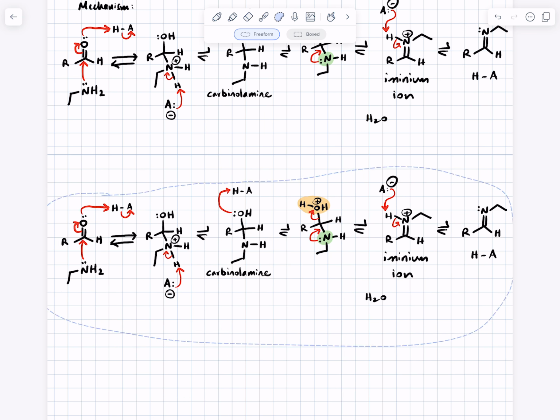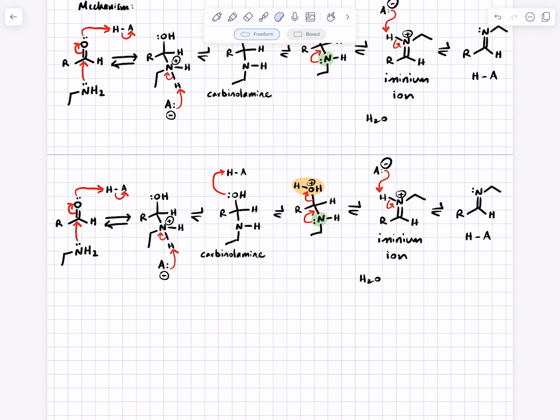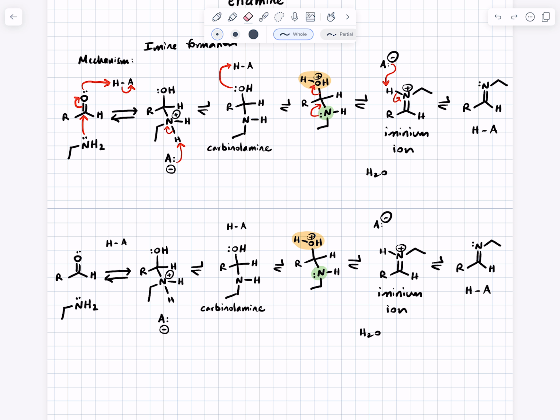Yes? I was wondering why the acid coordinates the OH, with the pKa values. Okay, so the question is about this step. If you look at the carbinolamine, the oxonium and its two potential adjacent neighbors in this mechanism, the pKa of this oxonium ion should be around -2. The pKa of this ammonium ion should be around 11.